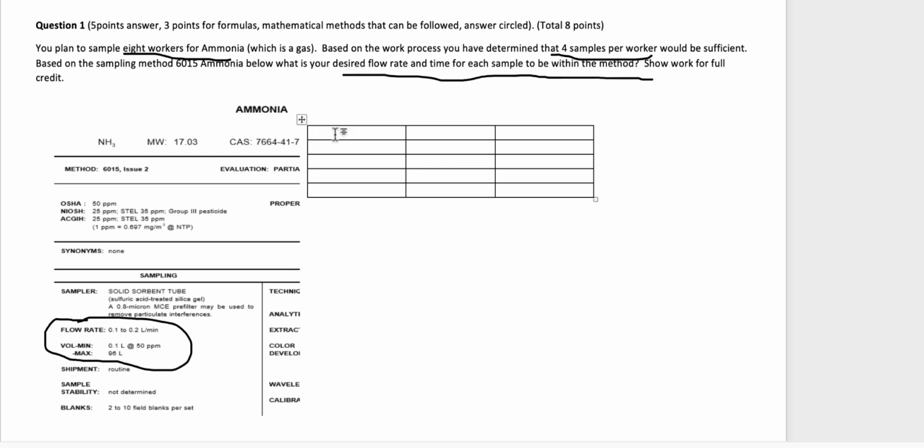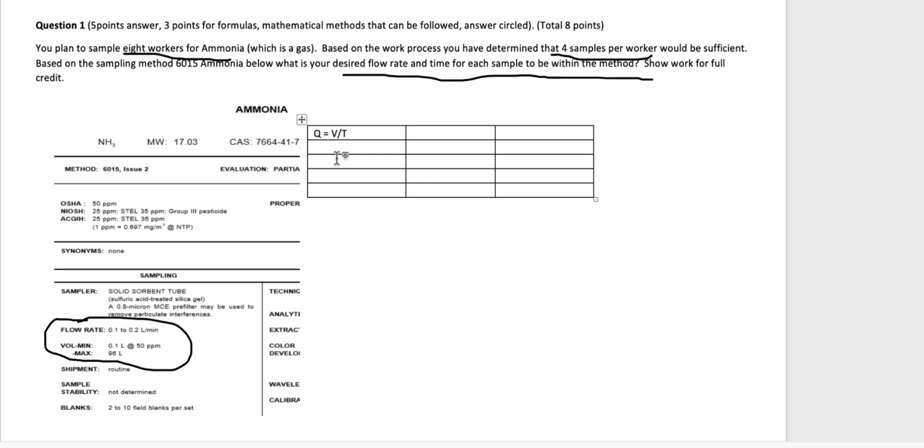The first way is by using the equation Q, which is flow, equals volume divided by time. And we have a variable flow rate here between 0.1 and 0.2 liters per minute.